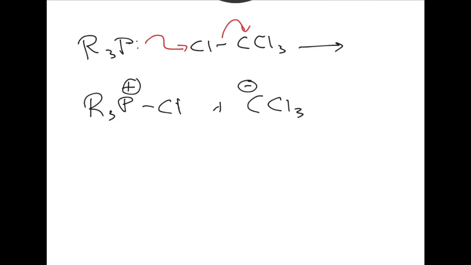Now in the Corey-Fuchs reaction, the carbanion adds to the phosphorus. But here, I've got an alcohol present in my molecule.